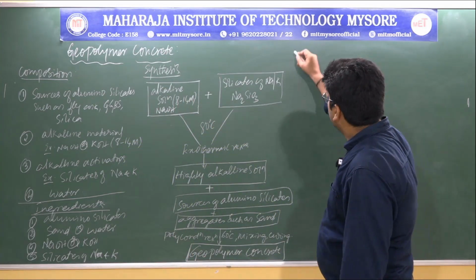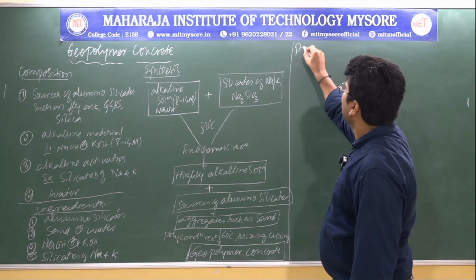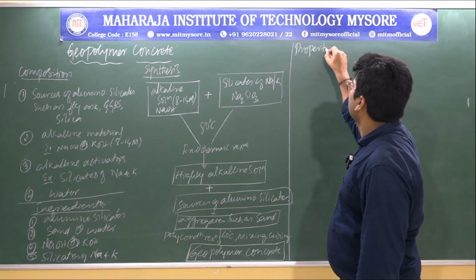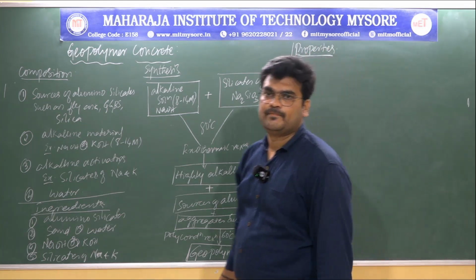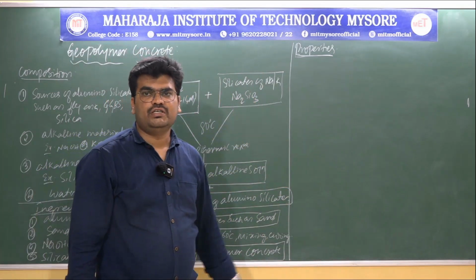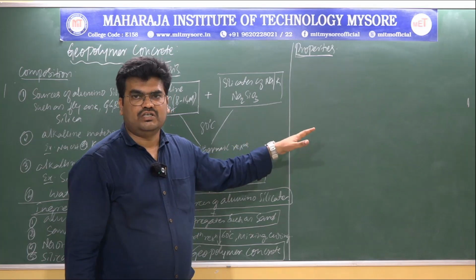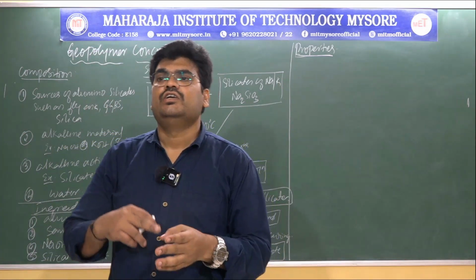So for that purpose, we can list out the properties like this. We said that it is an innovative, eco-friendly construction material, so you can write that as one property. The major properties are: it is non-toxic. That's why it is eco-friendly.